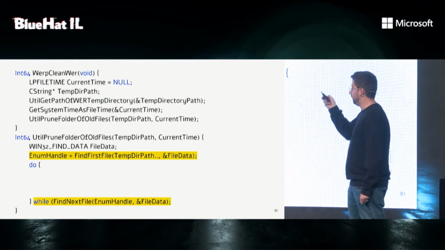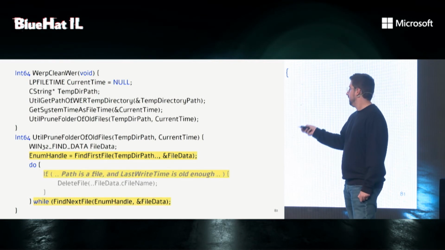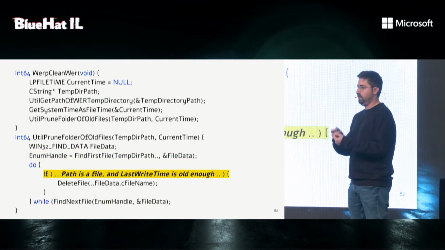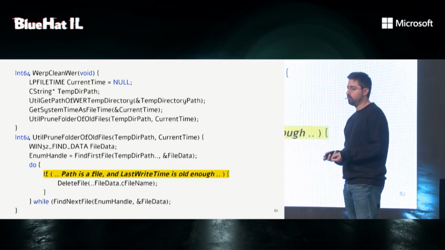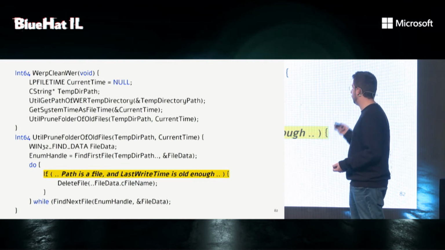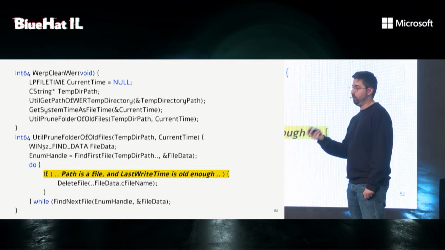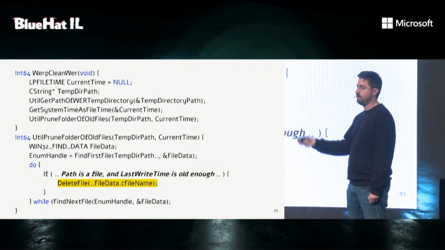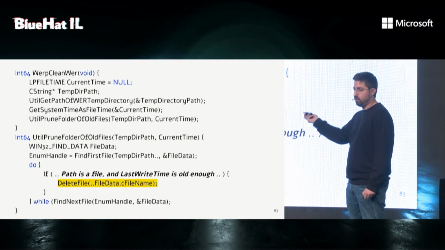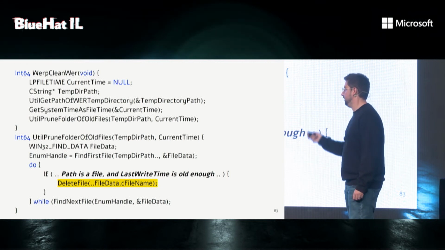And it will do that on the where_temp directory. And then for each file, if it is a file, meaning it's not a directory, and it is old enough, which is compared against the current time of the system, if the file is older than a week, it will delete it. And it will do that as local system, obviously, no impersonation here.